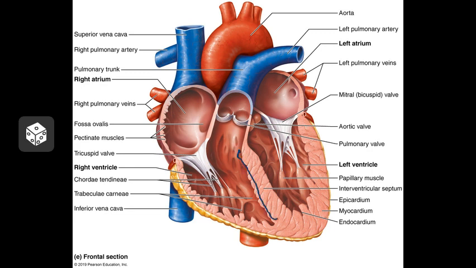So if we look, this big layer of muscle here is called the interventricular septum. What would we call the dividing line between the two atria? If your guess was interatrial septum, you are correct.